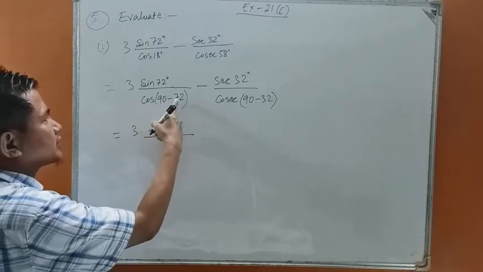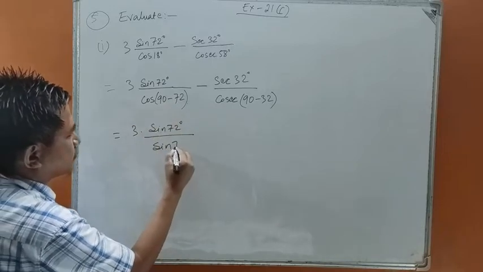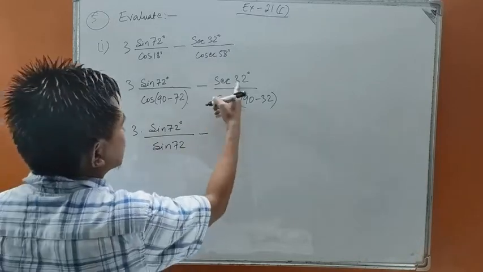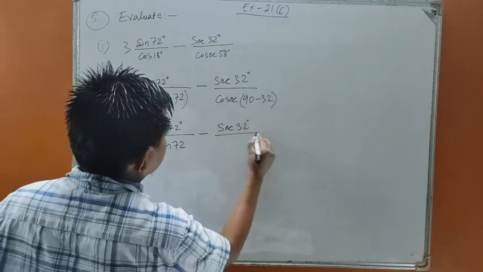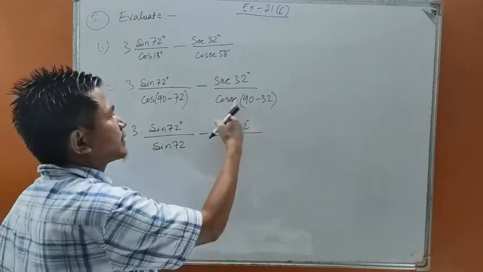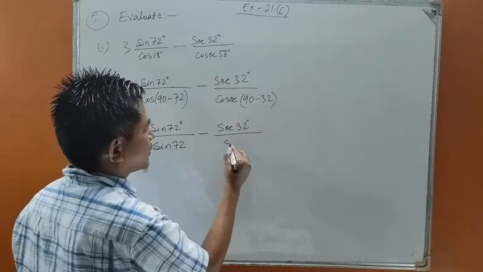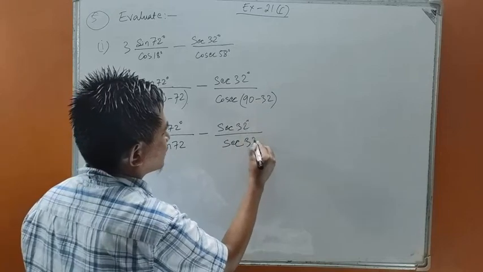Cos 90 minus theta is sine theta. So sine theta is 72. Minus, this minus sign comes here. Sec 32 we copy as it is. Sec 32 degree. In the denominator we have cosec 90 minus theta, isn't it? Cosec 90 minus theta is sec theta. So sec theta is 32, isn't it?